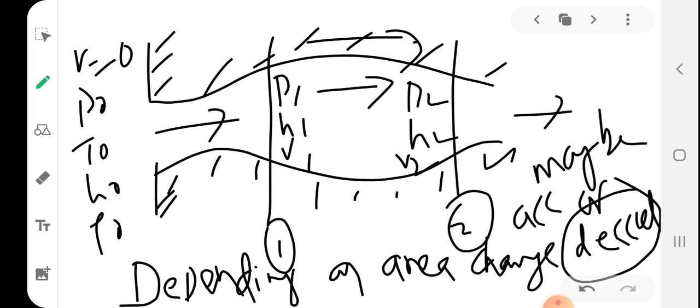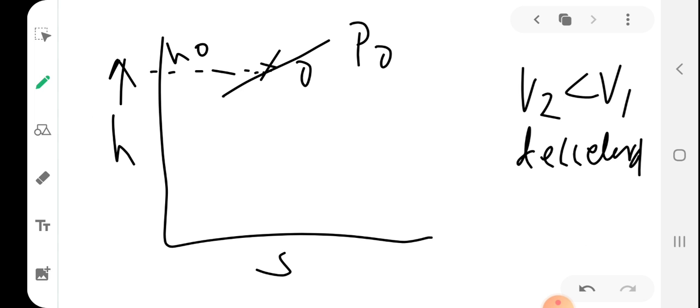Suppose due to some kind of area change from 1 to 2, flow gets decelerated. Flow gets decelerated means the velocity is decreasing. So initial velocity is higher, and at section 2 the final velocity will be lower.